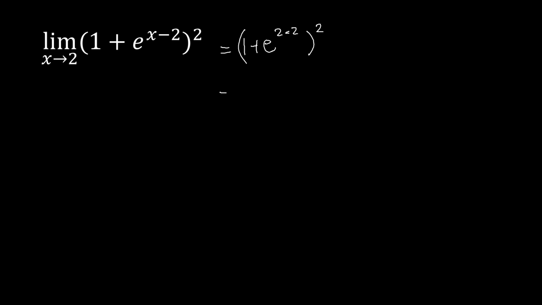Simplifying, we have 1 plus e to the power of 0, raised to the power of 2. This is equal to 1 plus 1, raised to the power of 2, that is 2 raised to the power of 2, which is equal to 4.